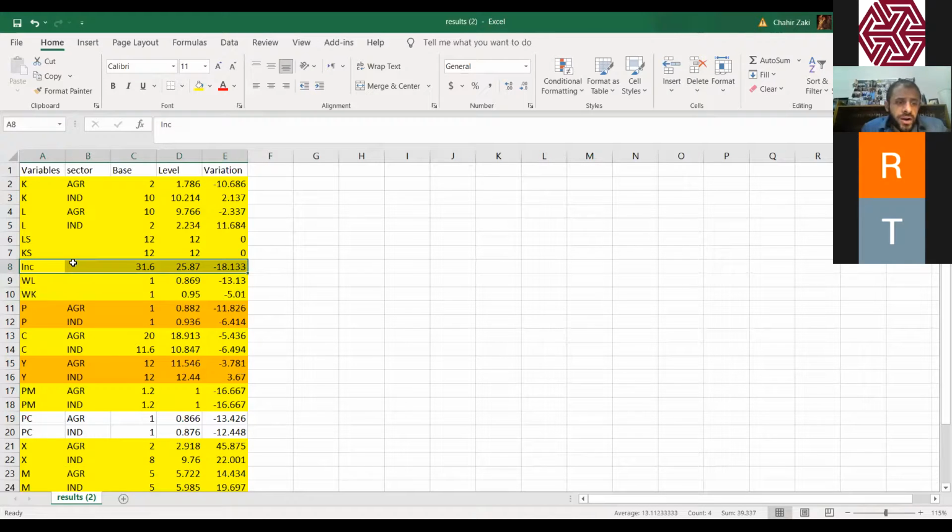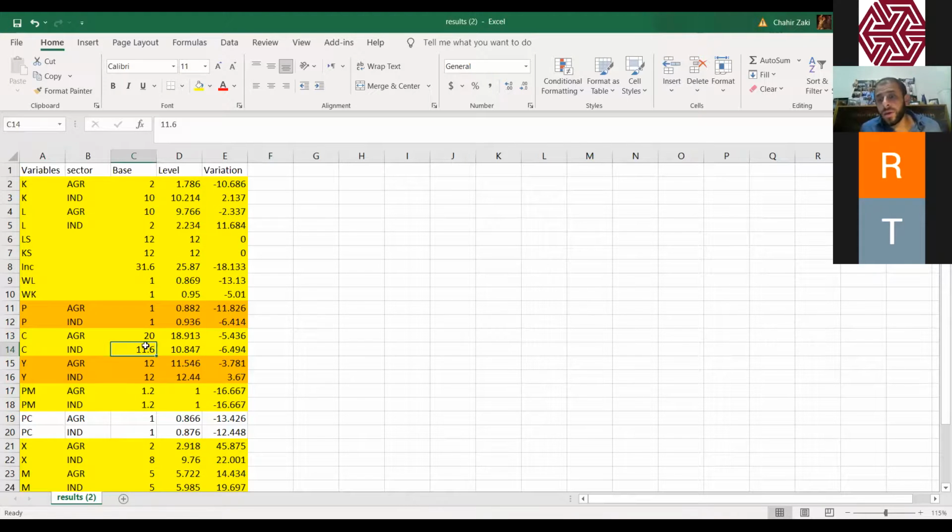Let's look at the share of consumption of agriculture with respect to industry. Which one is higher in the base year? It's the consumption, right? And given the fact that the price of agriculture goods has decreased a lot, in this case, producers will reallocate their products to the export market, which will make the quantity of agriculture good available on the domestic market lower.